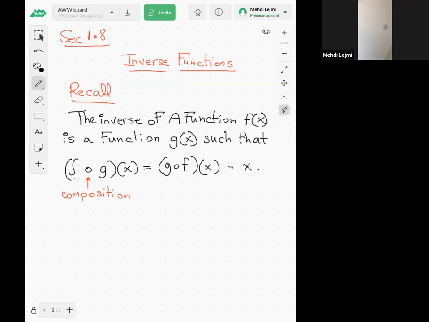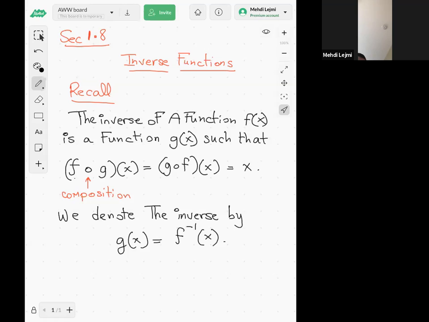Again, this is not multiplication, this is a composition. We denote the inverse function g of x by f to the power -1 of x. This inverse is not the reciprocal of f in general.